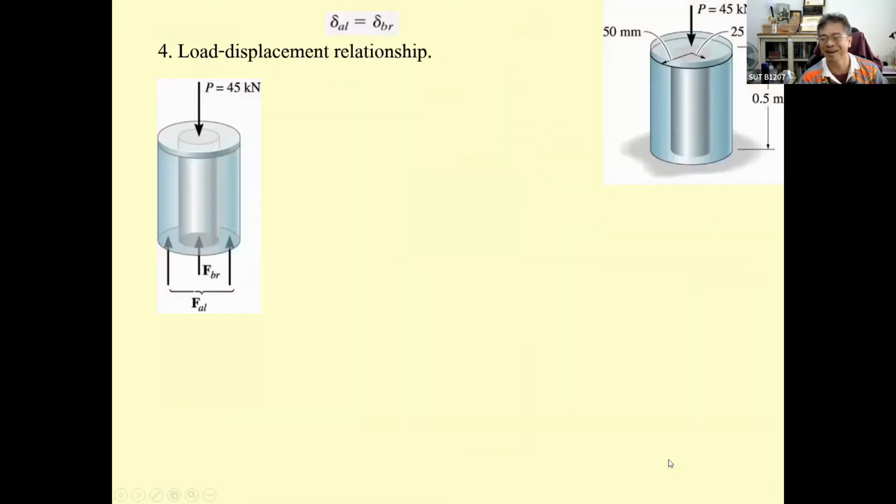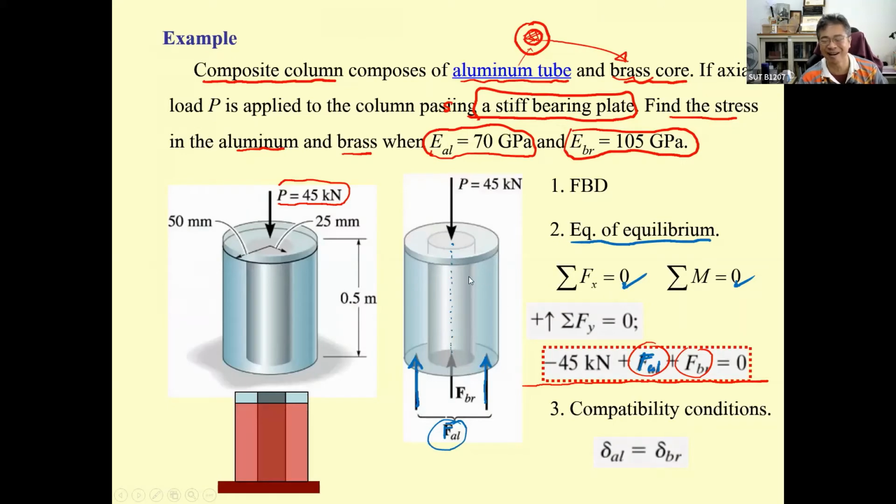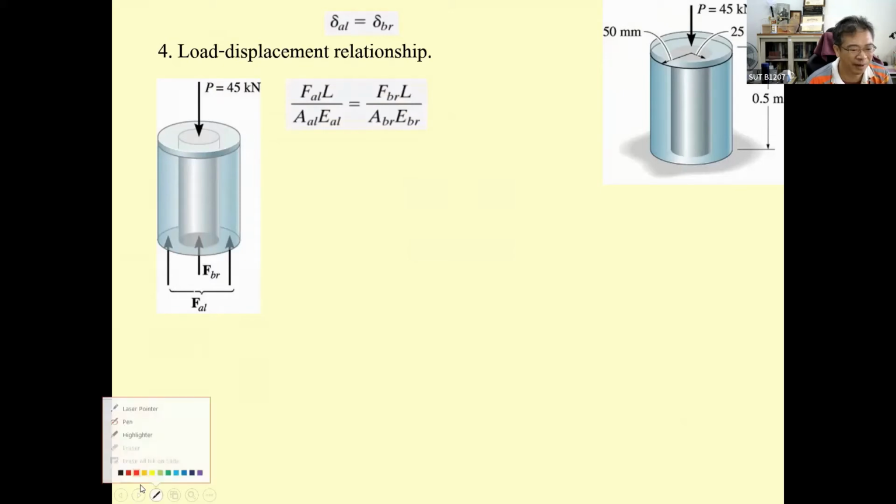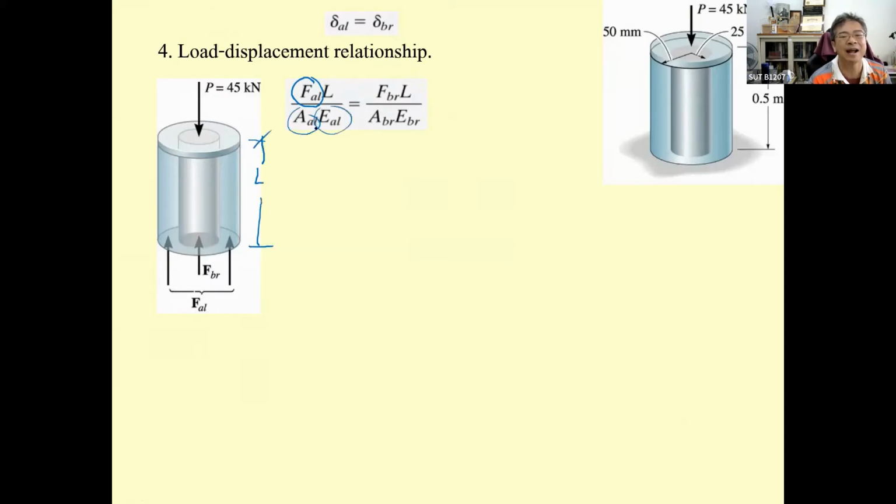From the previous one, if I change this one to the concrete and the steel, you can do it. And then just put everything in: the F due to the aluminum, that means this is F aluminum, the L, all of them have the same length, the brass and aluminum, and A aluminum and E aluminum.